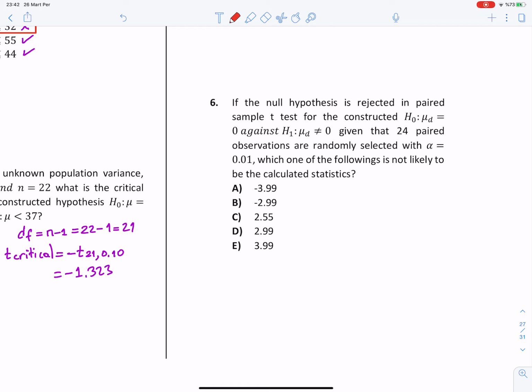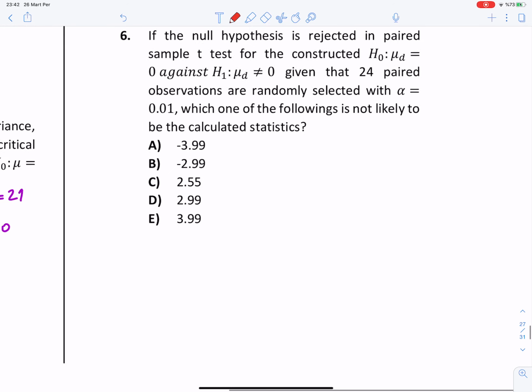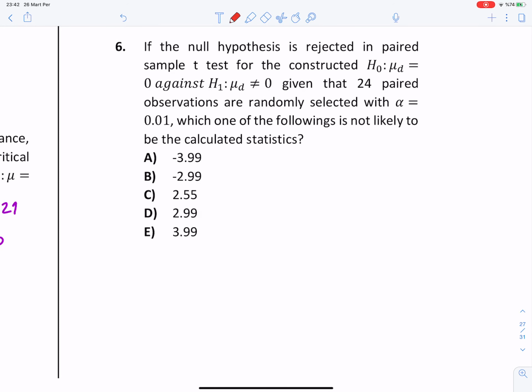If the null hypothesis is rejected for the dependent sample t-test or paired sample t-test, the calculated t-statistic should fall either on the left-hand rejection region or on the right-hand rejection region.